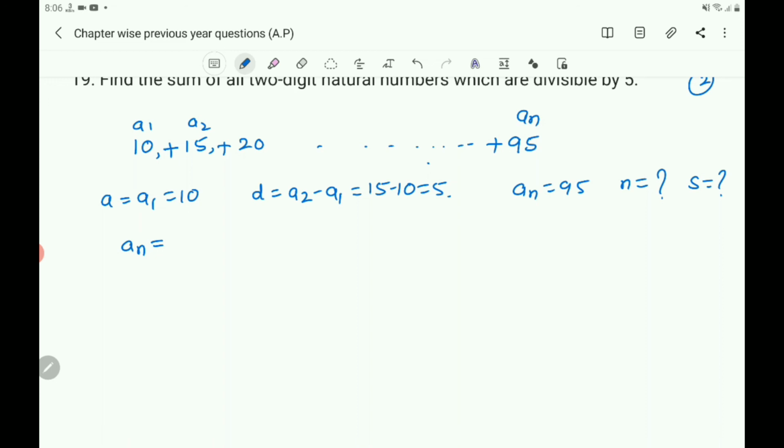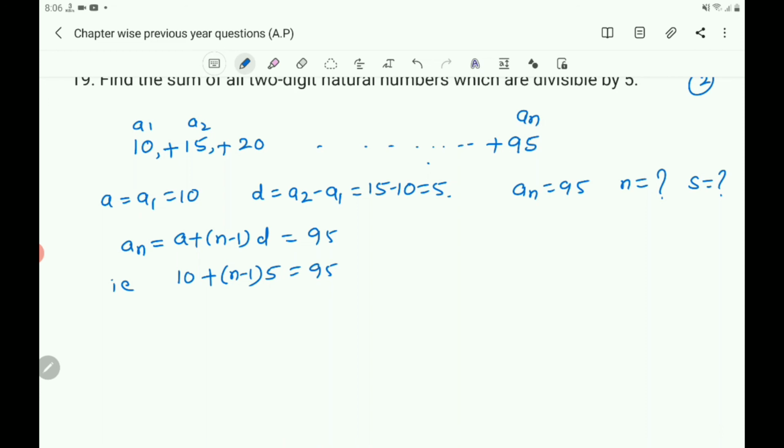AN is equal to A plus N minus 1 into D, that is 95. So A is 10 plus N minus 1, then D is 5, that equals 95.